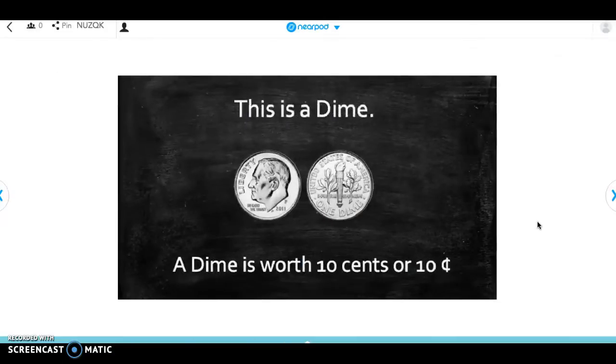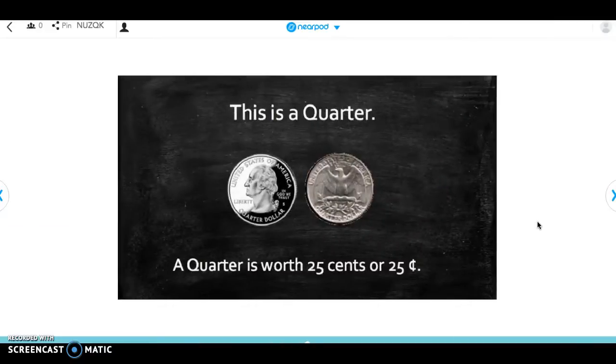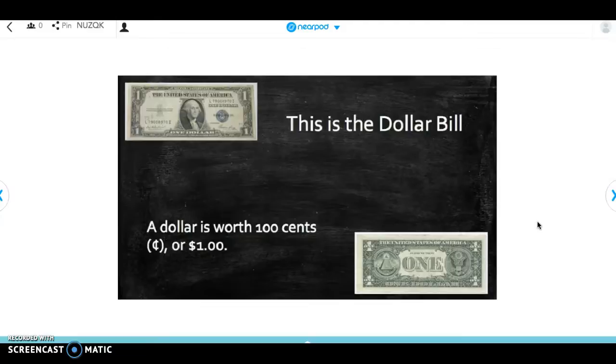A dime is worth 10 cents, or when writing it out, 10 with a cent symbol. This is a quarter. A quarter is worth 25 cents, or when writing it out, 25 with a cent symbol. Lastly, this is a dollar bill. A dollar is worth 100 cents, or $1 with a dollar sign in front of it.